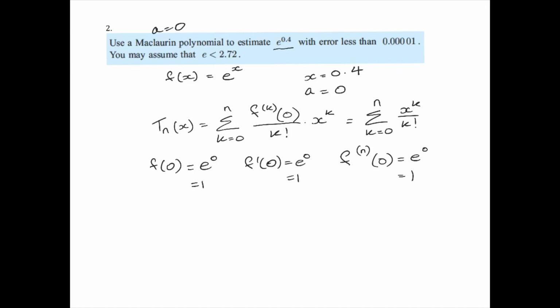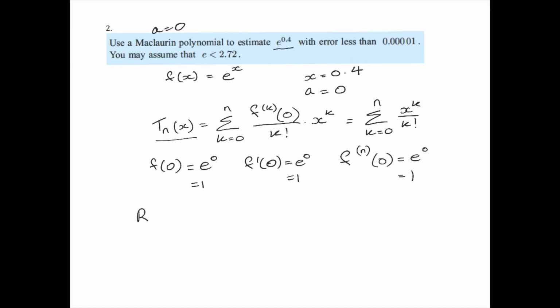Now, we want the error to be less than 0.00001. So the question is, what is the error? And then I can find the degree that I need my Taylor polynomial to be.